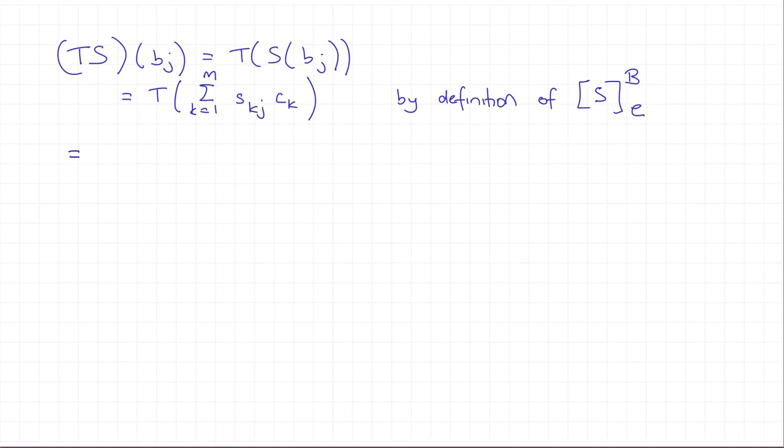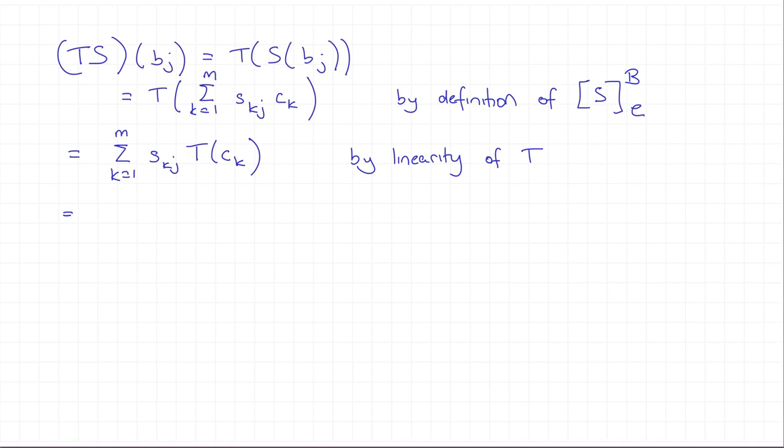Now we're applying a linear map T to a sum. Because T is linear, I can rewrite this as the sum from k equals 1 up to m of s_kj times T of c_k. Remember, the s_kj's are just scalars, elements of the field over which our vector spaces are defined.